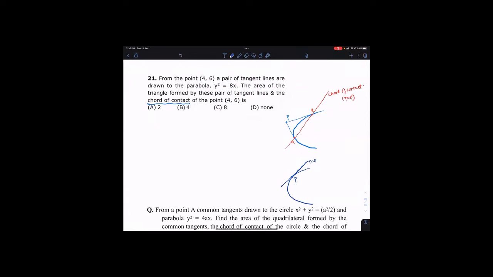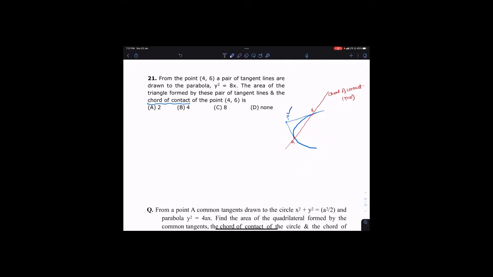If the point is on the parabola and you do T equal to 0, you will get the tangent. If the point is outside and you do T equal to 0, you will get the chord of contact. If it is inside, I will not go into it. But just keep these two in mind.